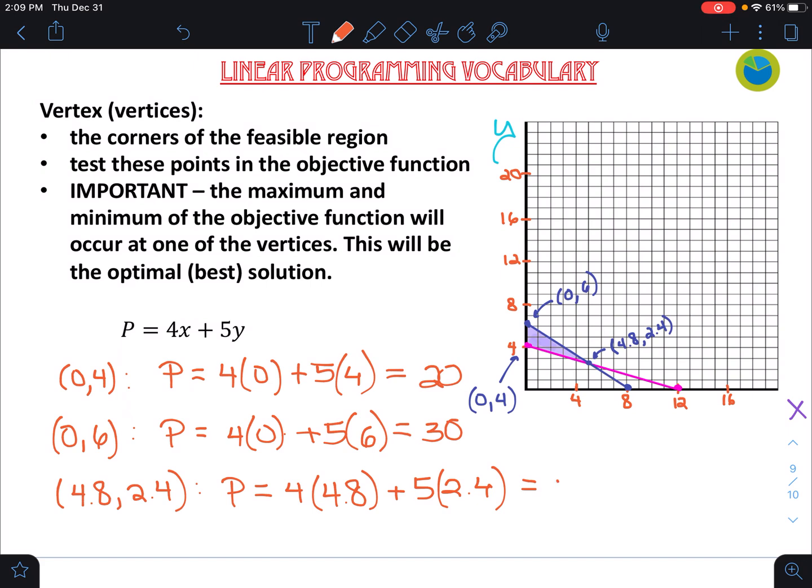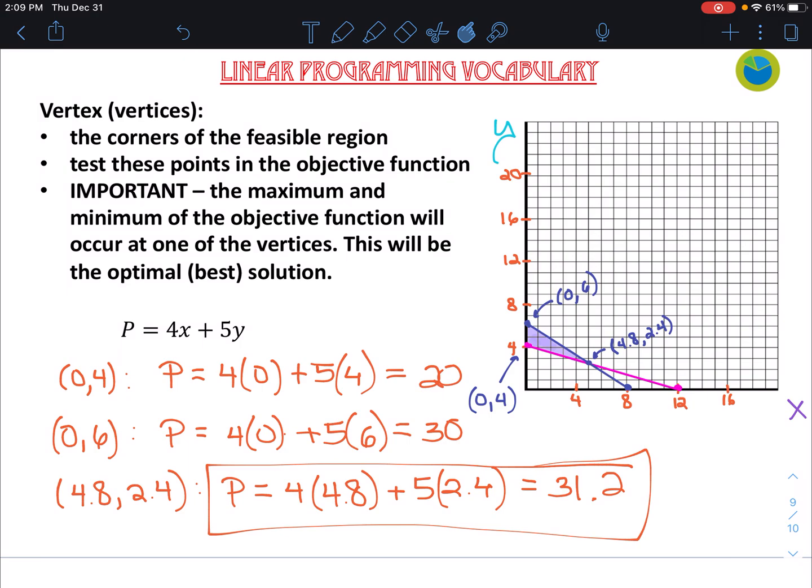We get 31.2. So that's a little bit better than 30, but not much. If I was to say which one is the best in terms of giving me the most profit, it would be this. Once we have more context, we could say a little bit more about this, but that would be our optimal solution because it gives us the most profit.